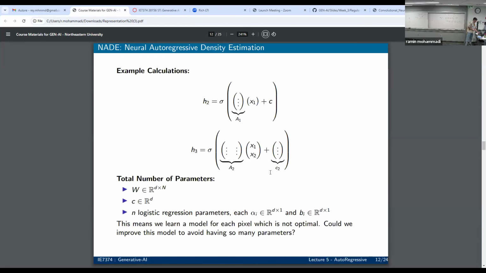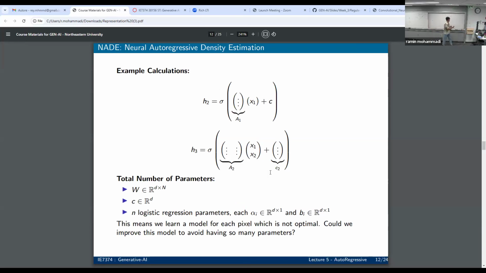what will happen here, so this is like a breakdown of that NADE. So if we are trying to predict H2, and H2 is, remember, the intermediate layer that we learned with the neural network.